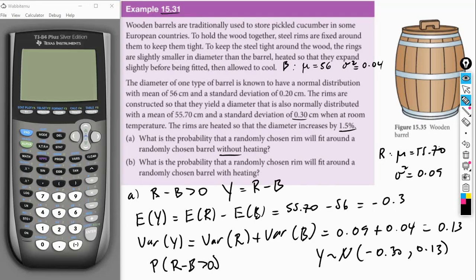So for this, we're going to need the calculator. So again, we go to the cumulative distribution function, and that's number 2. So here, the minimum is going to be 0, and the maximum is going to be the mean for the rim, so 55.7.